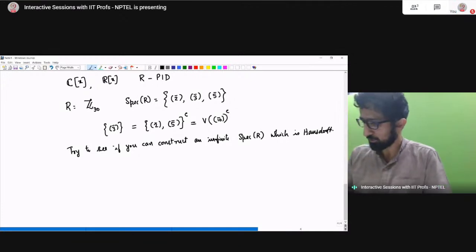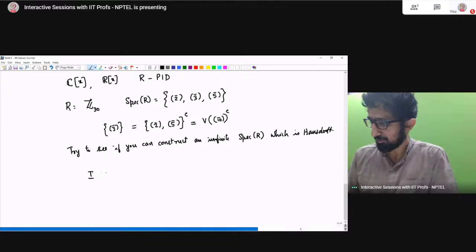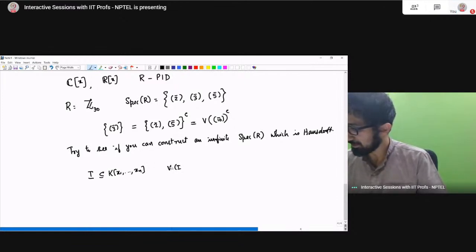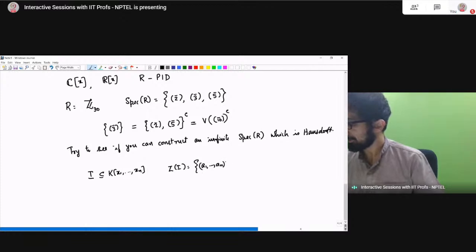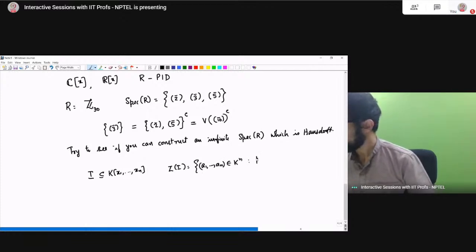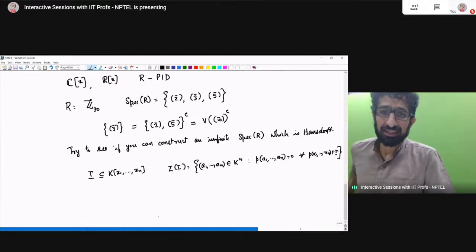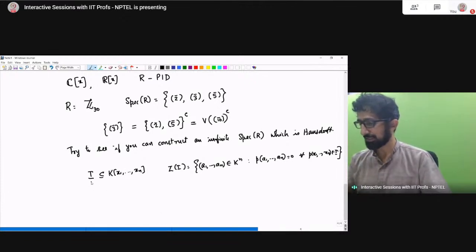That's one way that you can do it. So for an ideal I in k[x1, ..., xn], Z(I) is the set of all (a1, ..., an) in k^n such that p(a1, ..., an) = 0 for every p(x1, ..., xn) in I. Now if your field k is nice, then there is a very nice correspondence between I and Z(I).